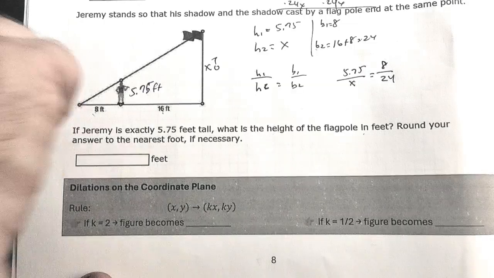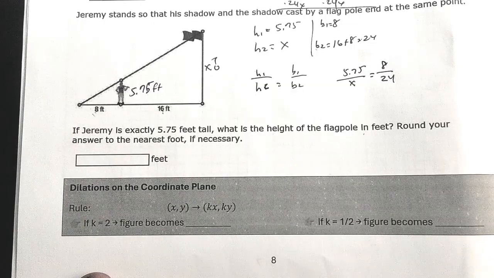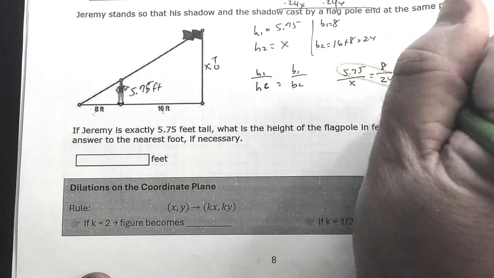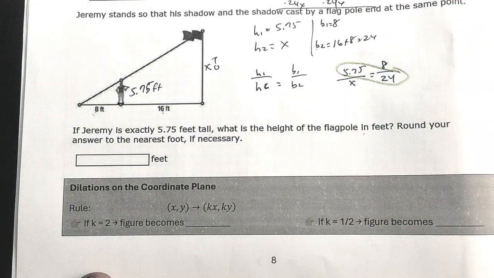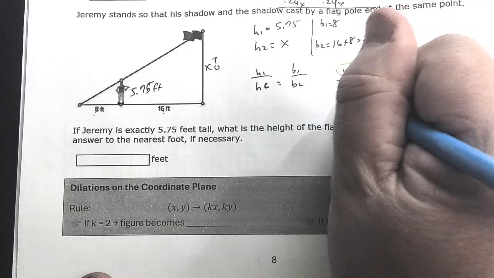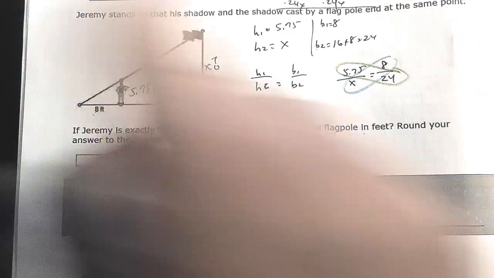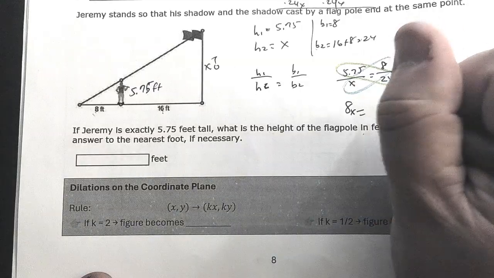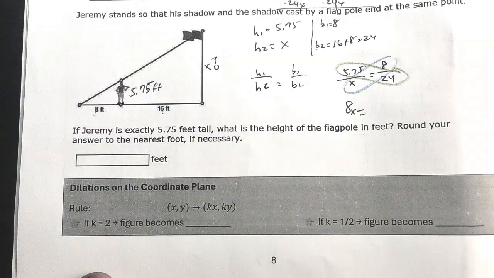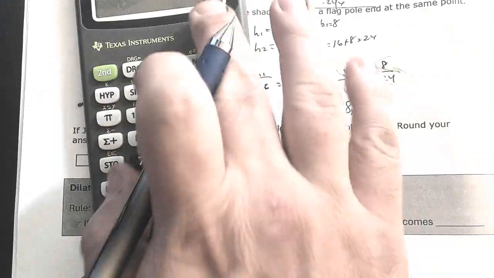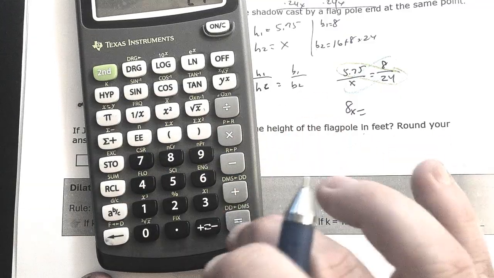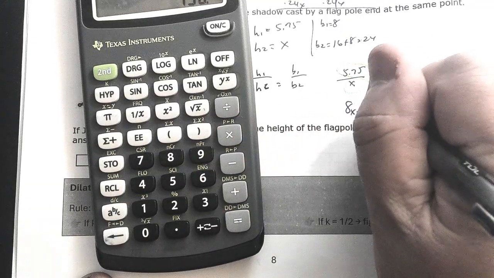So again, just going to cross multiply. So 8x equals 5.75 times 24, which gives us 138.